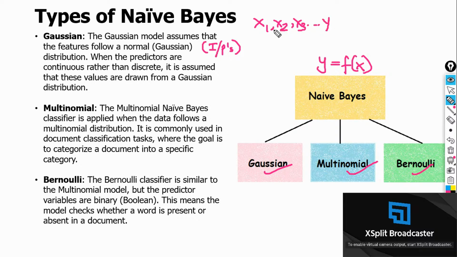All the inputs should be normally distributed is a basic assumption that Gaussian naive Bayes has. Then multinomial naive Bayes assumes that the data follows a multinomial distribution, whereas here it is Gaussian distribution, nothing but normal distribution.